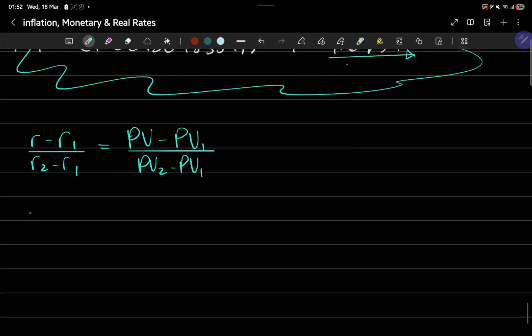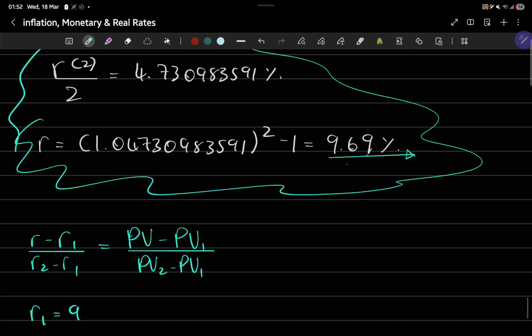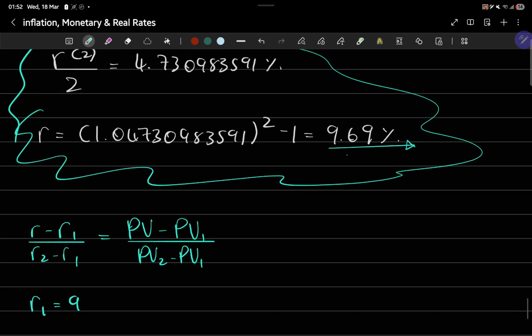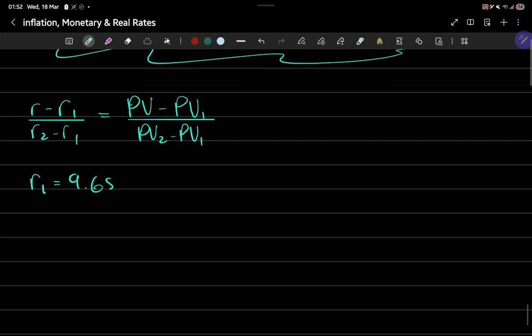So you guess, let's say R1 is like 9, to the second decimal place, you go 1% lower. So 9,68%. You act like you're guessing, and then you calculate the corresponding PV1 here. And then you say, okay, that one looks a bit too low or high. Let me change the interest rate and go 1% higher.